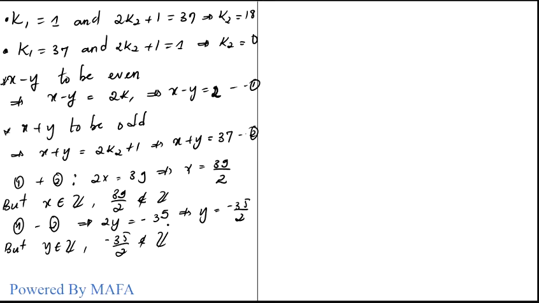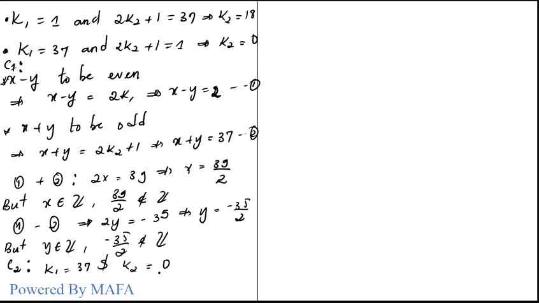Now if we take the second case where k1 is 37, so case 2, here was case 1 of case 2, yes, case 2 of case 2. We have k1 to be 37 and k2 to be 0.